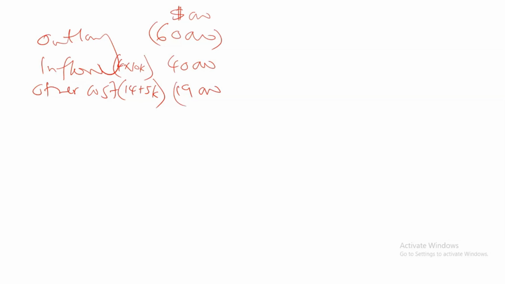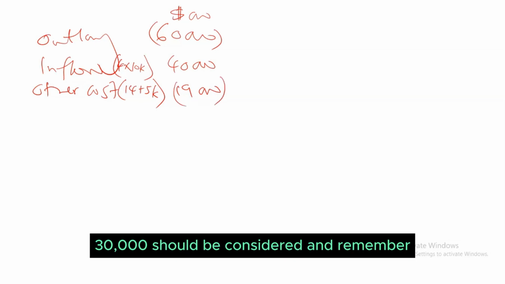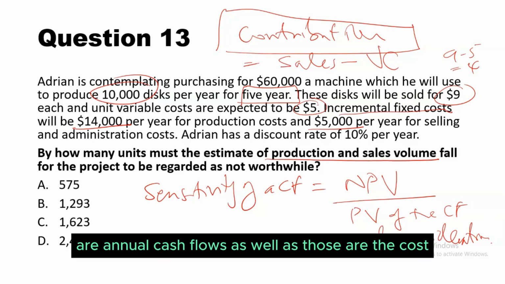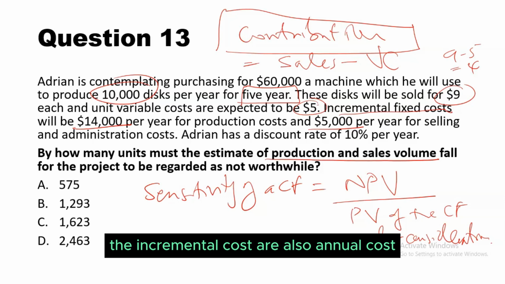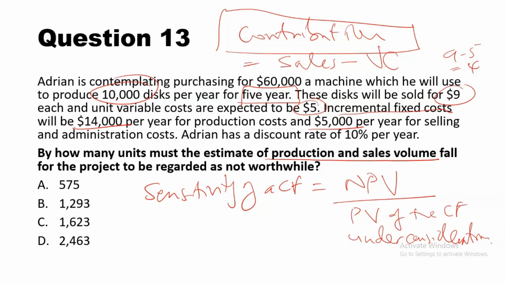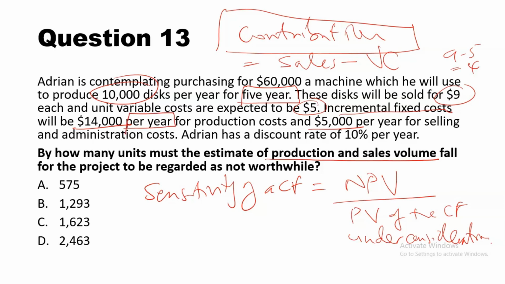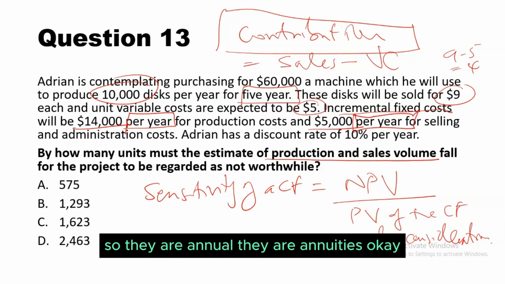Okay, the 19,000 should be considered, and remember, these cash flows, the contribution, are annual cash flows, as well as those other costs, the incremental costs, which are also annual costs. The examiner is saying that per year. So they are annual, they are annuities.